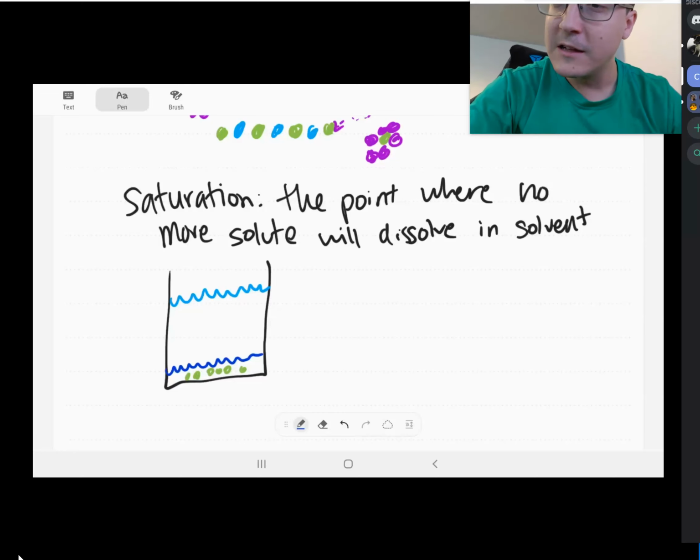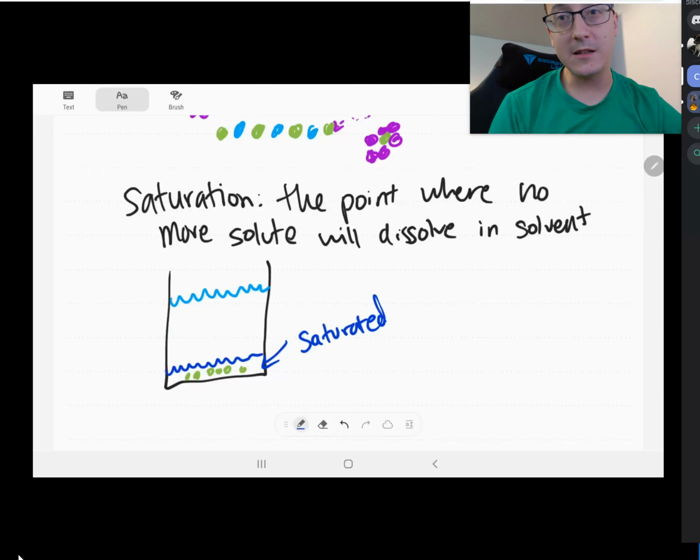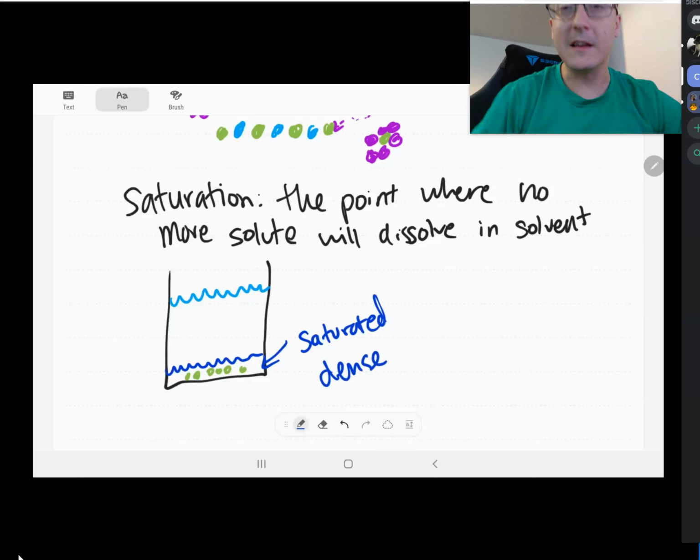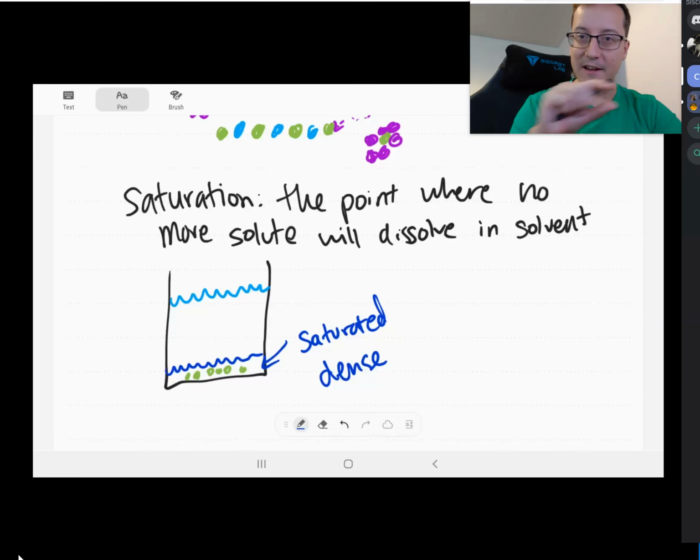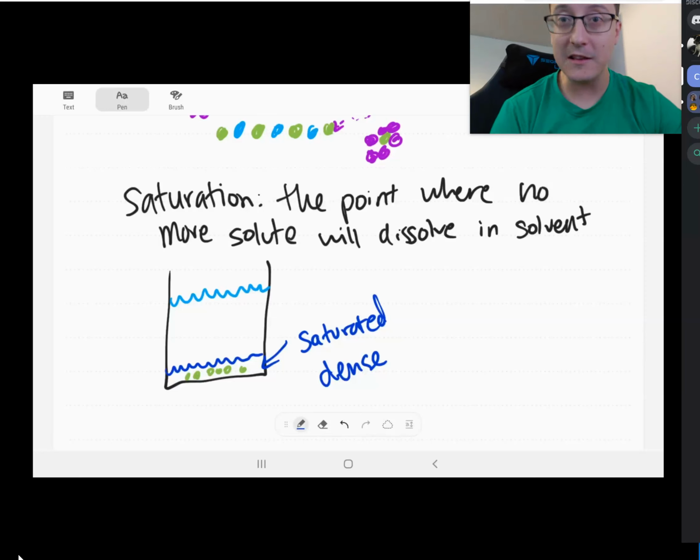Okay, so anyways, this area will get saturated. And saturated solutions are always denser because they're holding on to those ions. And so if we don't mix this, we're going to form layers in our solution. You can try this at home too.